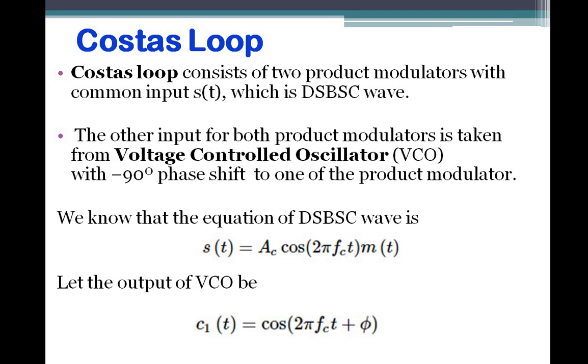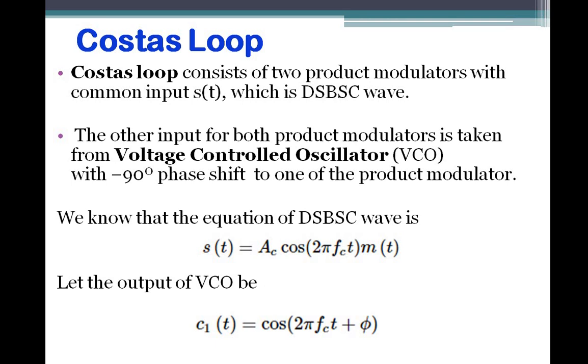It consists of 2 product modulators with the common input S of t. What is S of t? It is nothing but your modulated wave, the DSBSC modulated wave, right? Now the other input for the product modulators, we need 2 inputs, right?